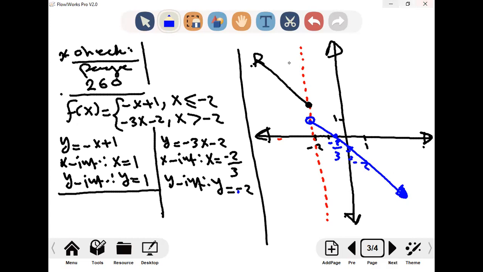Here, this is the function, right? You want to find the x-intercept, put y equals 0. It will be 0 equals negative 3x minus 2. You want x, what will you do? You will shift the negative 2 here, it will be positive 2, and divide both sides by negative 3. It will be negative 2 over 3.